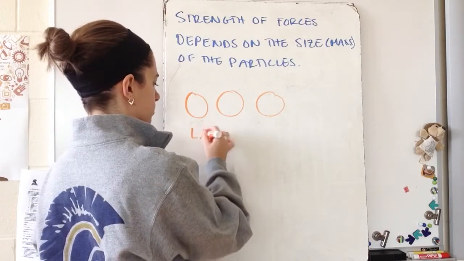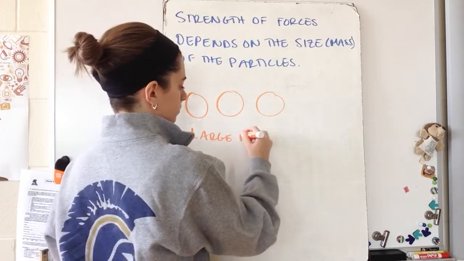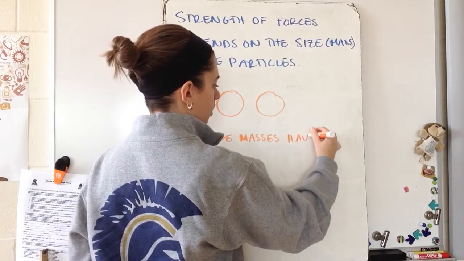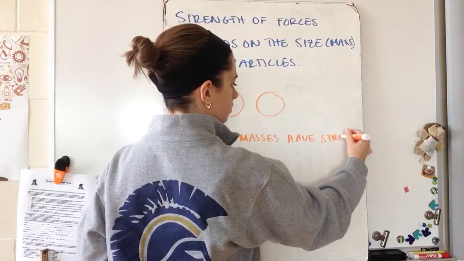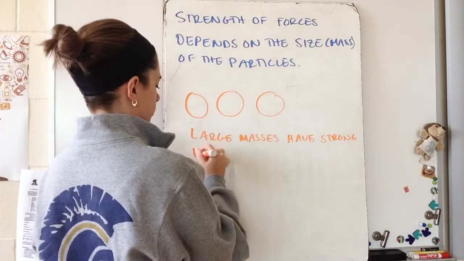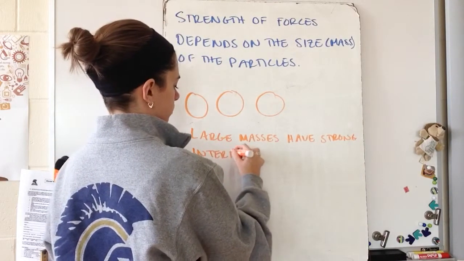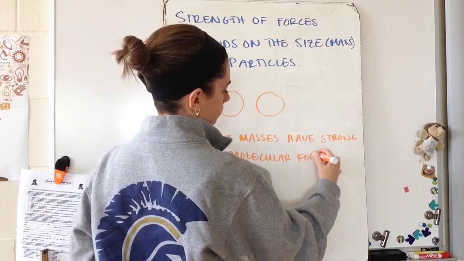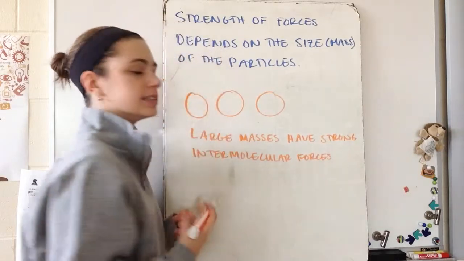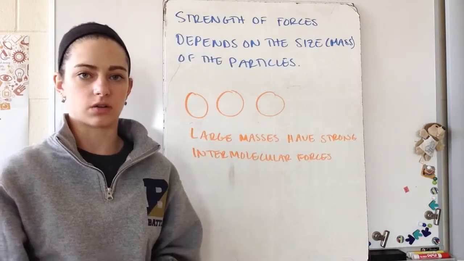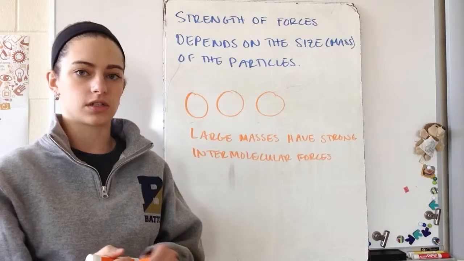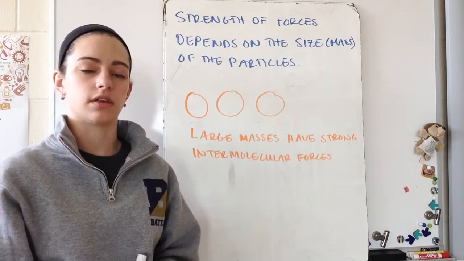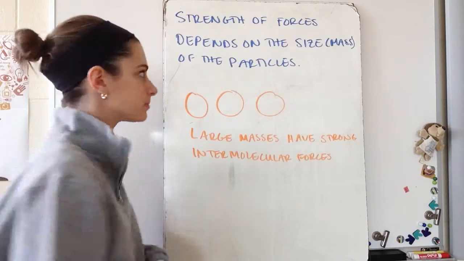So large masses have strong intermolecular forces. And smaller or less massive particles will have weaker intermolecular forces. So the more massive the particles are, the stronger the forces between the particles.